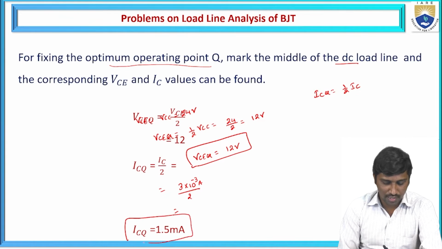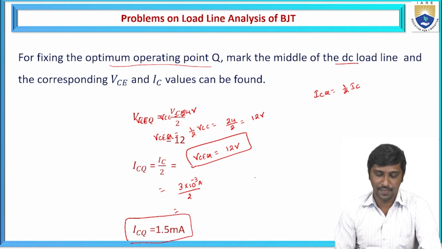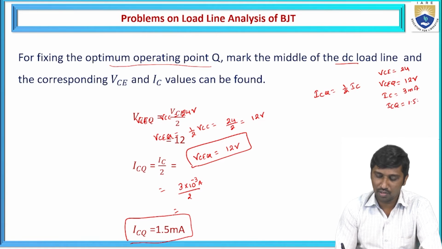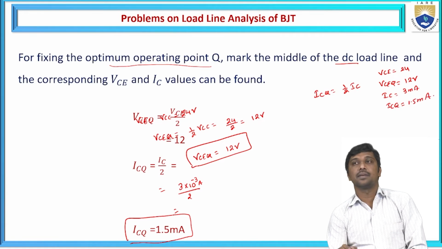So ICQ is 1.5 milliamperes. Hence, the parameters we observe are: VCEQ is 12 volts, but VCE is 24 volts; IC is 3 milliamperes and ICQ is 1.5 milliamperes.